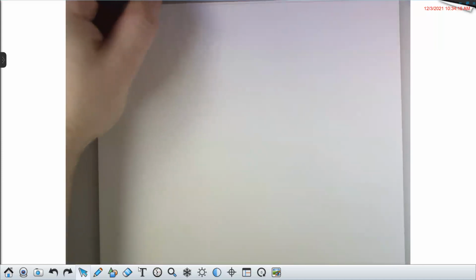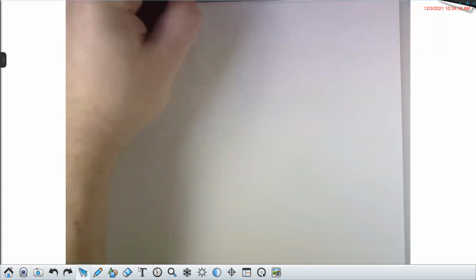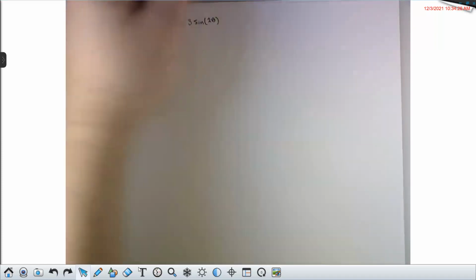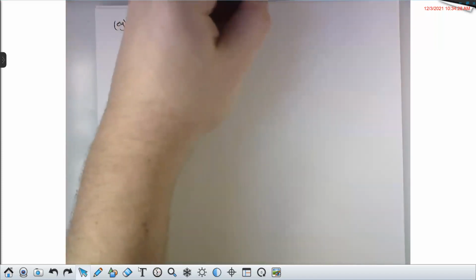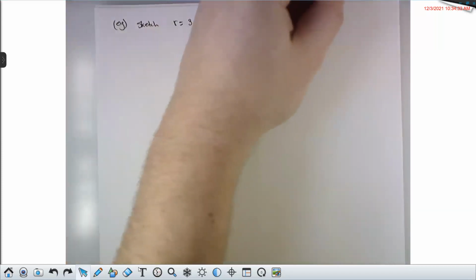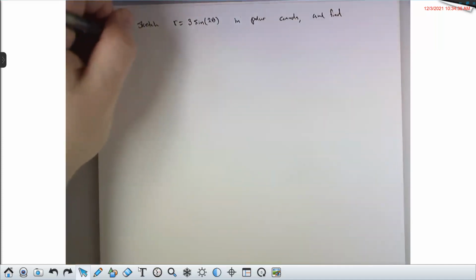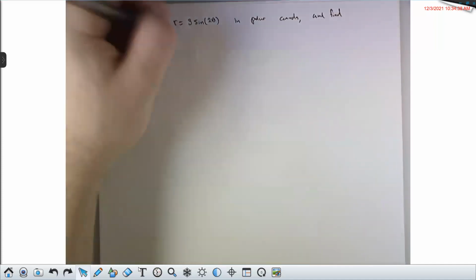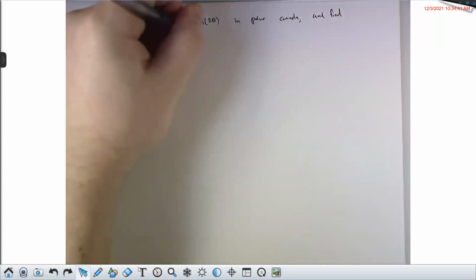So to cook up our final area problem here, let's sketch r equals about 3 sine of 2 theta in polar coordinates, and find the total area enclosed.